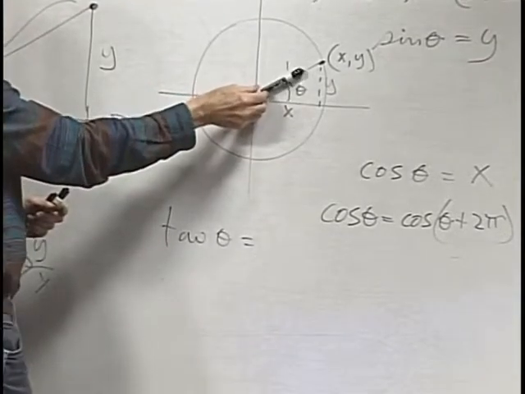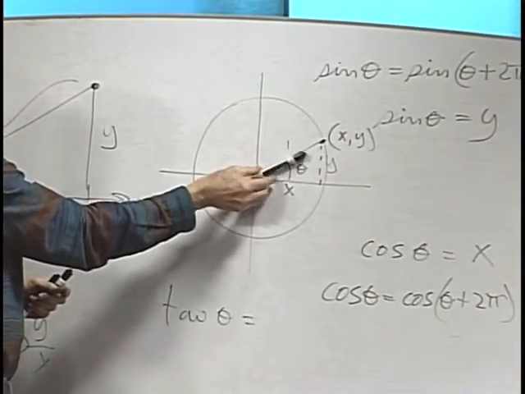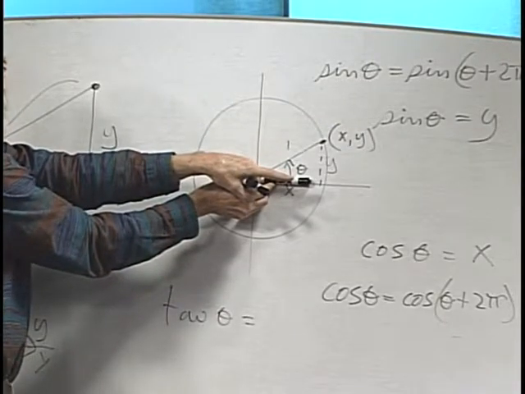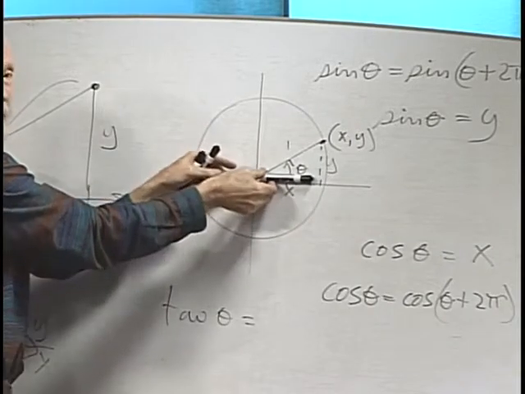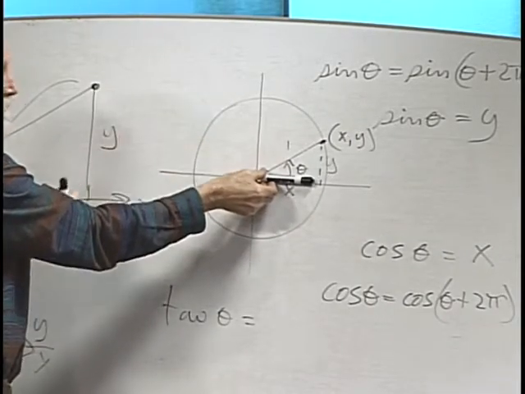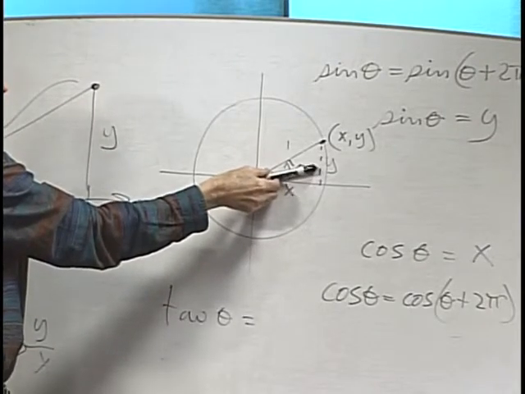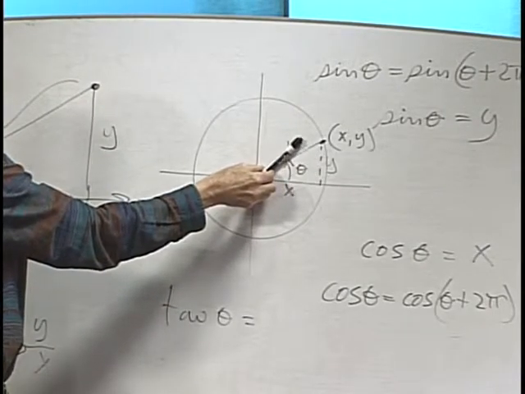Now, watch what happens with the slope. The slope starts at 0 degrees at, what's the slope there? Or the tangent of 0 degrees is? Slope is 0, isn't it? Okay. And you have to know this stuff from your algebra background. Okay? As the angle grows, what's happening to the slope?